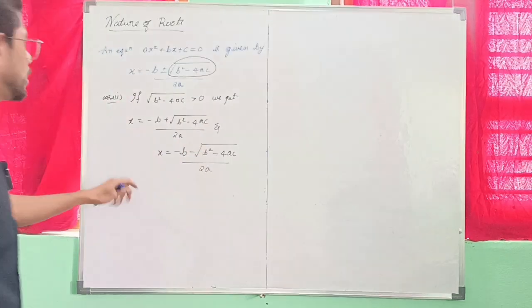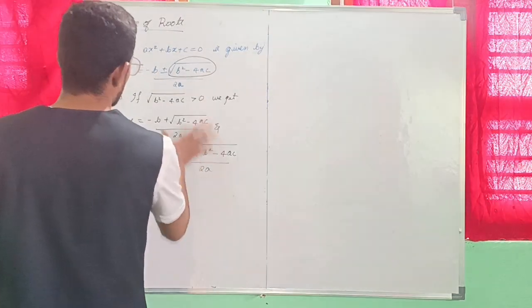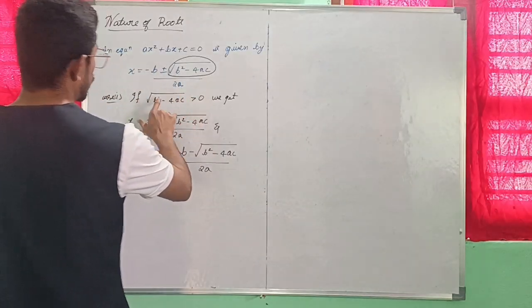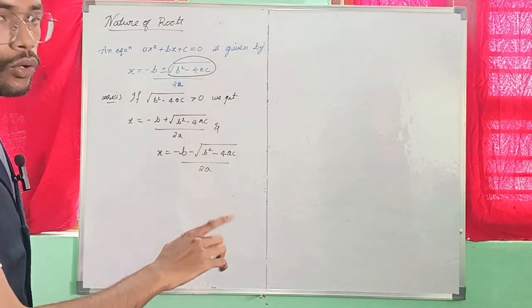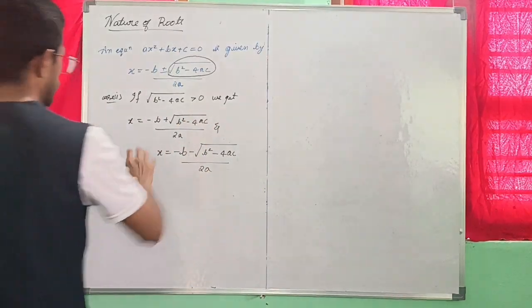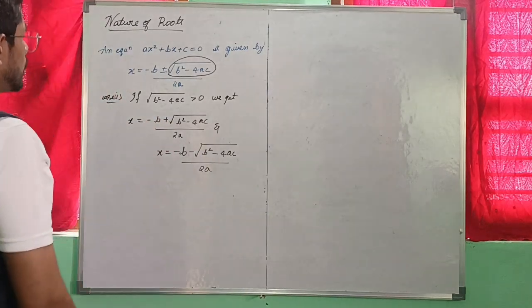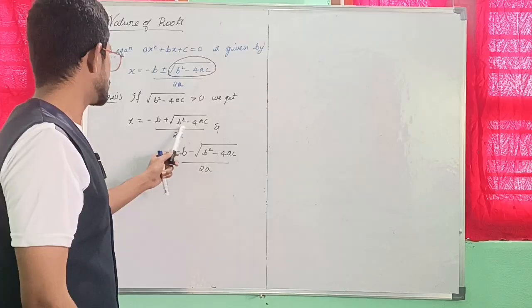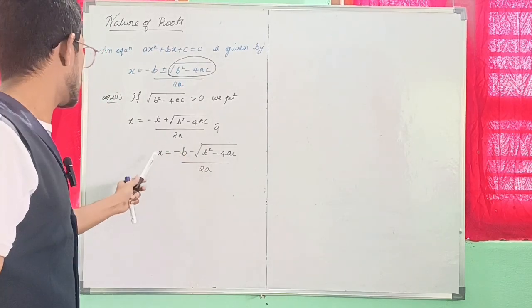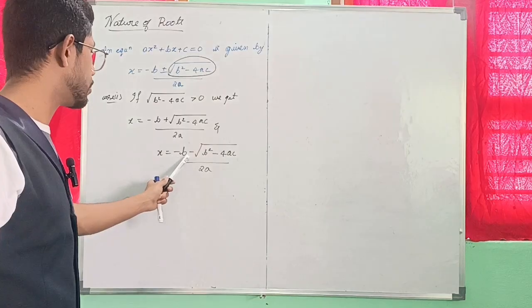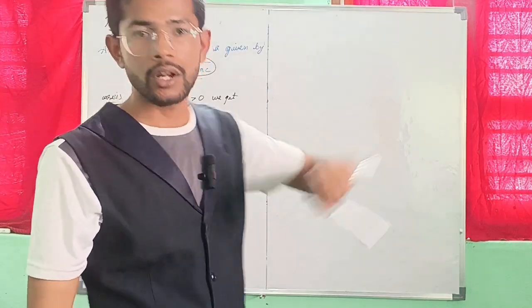Let's explain the next case. When root of b square minus 4ac is greater than 0, we get two roots, x equals minus b plus root b square minus 4ac divided by 2a, and x equals minus b minus root b square minus 4ac divided by 2a.